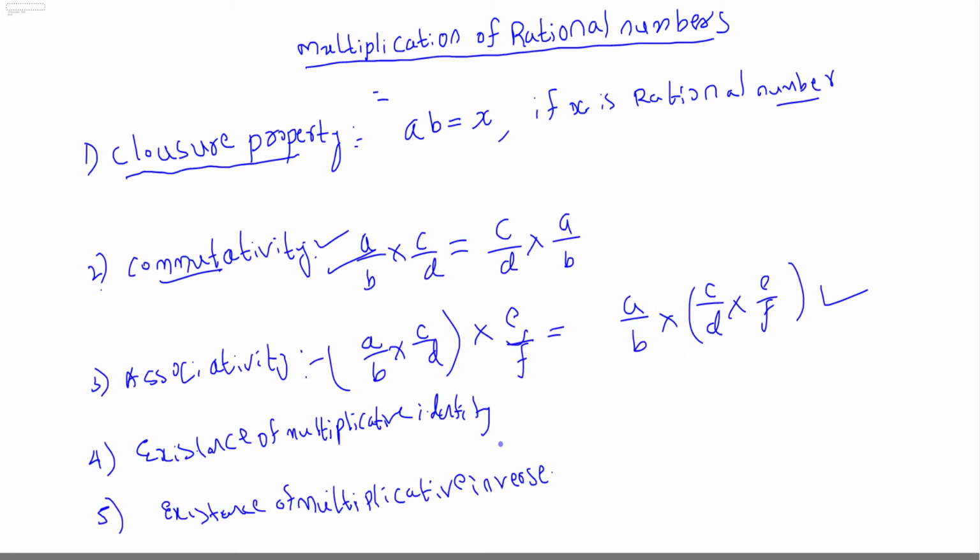The next is the existence of multiplicative identity. Very important. What is multiplicative identity?